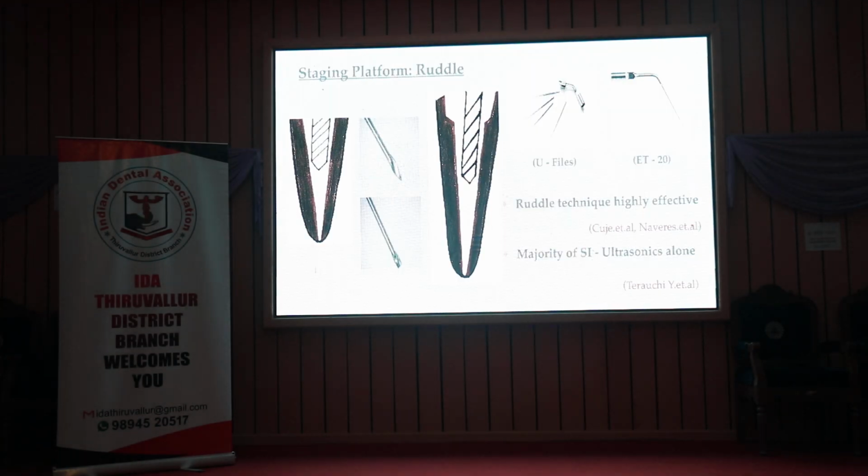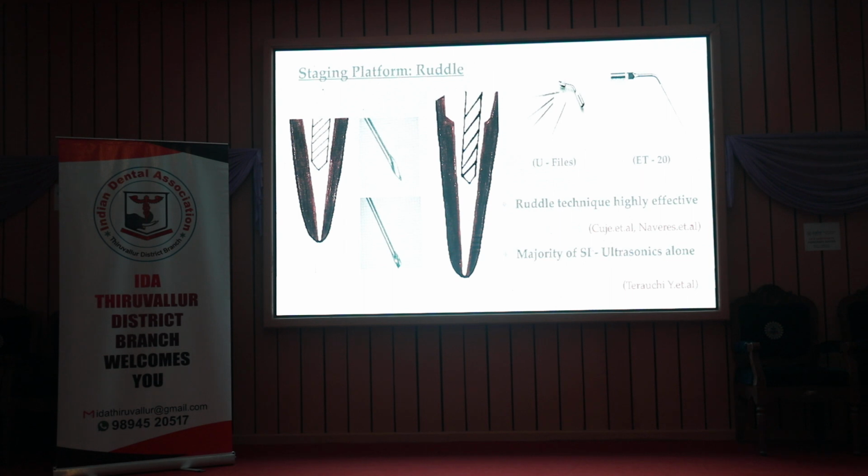Okay, so there are a lot of other kits, and all these kits are very, very expensive. Probably what you can do, I'll just explain in some of these cases what I am going to show. One such technique, they ask you to remove the tip of your Gates Glidden drill and then enlarge the root canal.